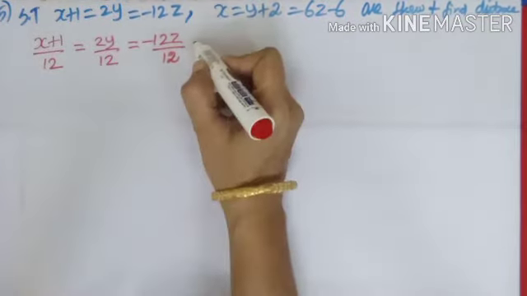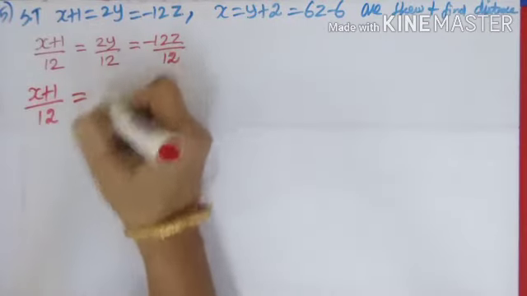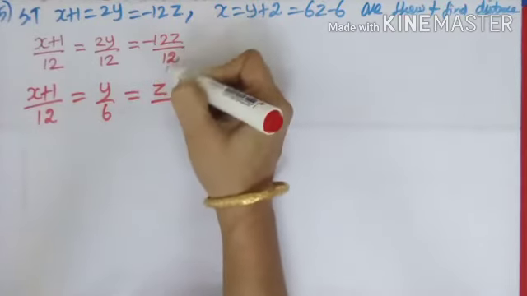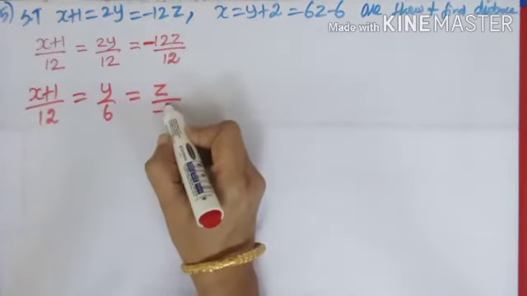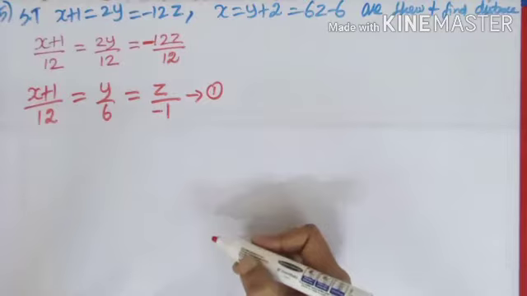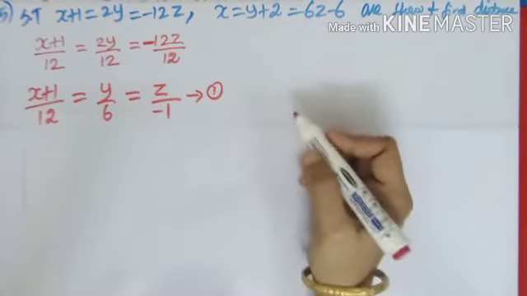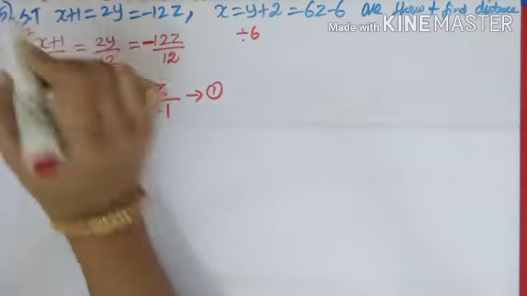So I get x plus 1 by 12, 2 I cancel, y by 6. z by 12, 12 cancel, minus mustn't be kept in the numerator. So bring it down. So this is line number 1. What is the second line? Here I have 6 to be the biggest number, divide by 6. So this I am dividing by 6, here I divide by 12.